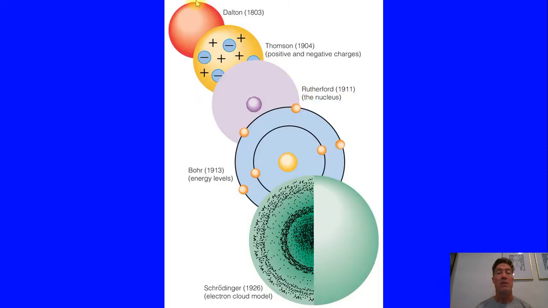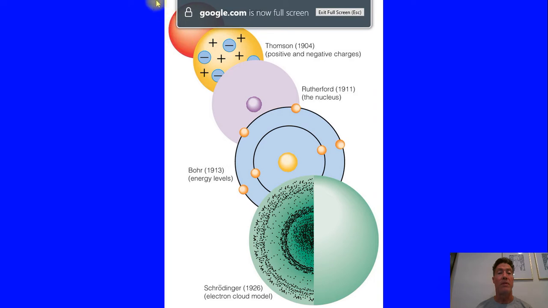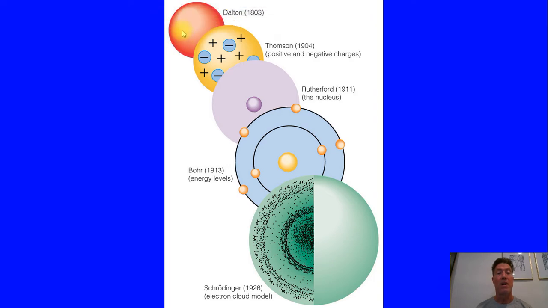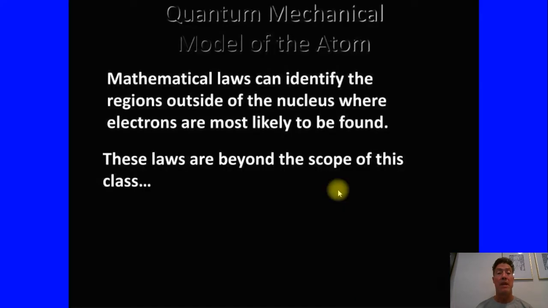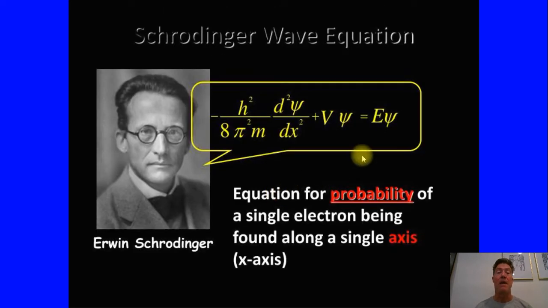So this is a quick overview of where we've come from: Dalton, his bowling ball model, to Thomson's plum pudding model, to Rutherford's dense nucleus, to Bohr's energy level orbitals, to Schrodinger's electron cloud model. Now, the laws that identify these regions where the electrons are most likely to be found are beyond the scope of this class, happily.